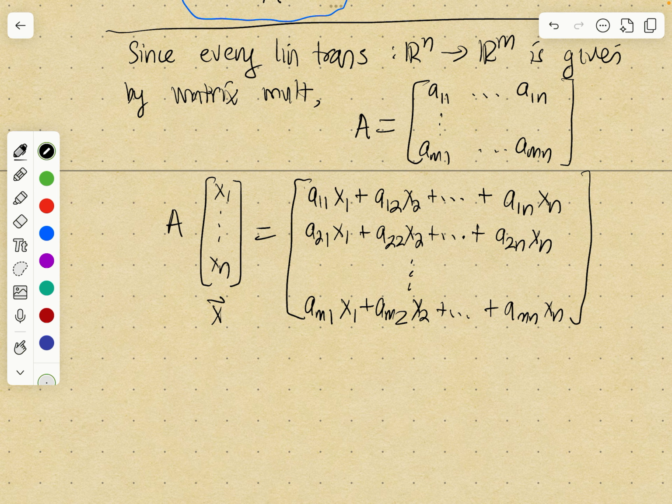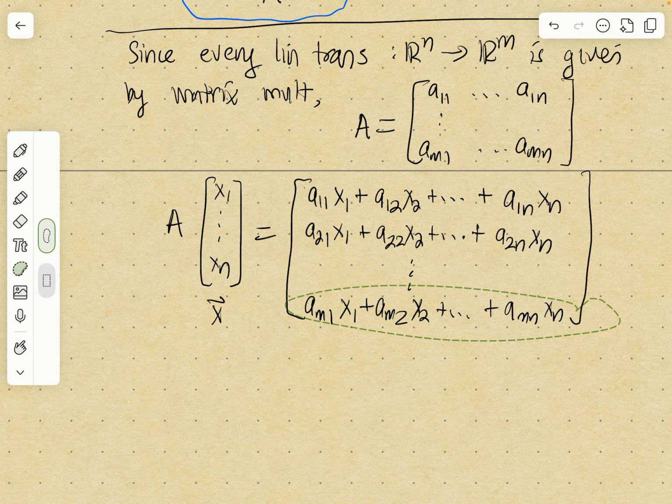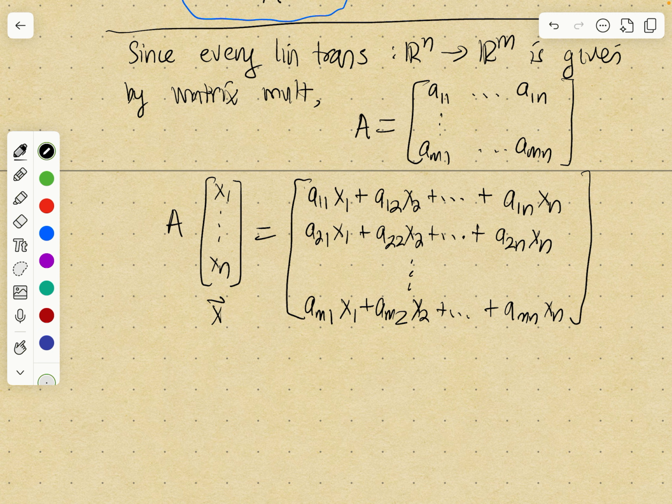So I know that every linear transformation from Rn to Rm has to have this form. The first component, well, actually all of these components, have to be in some sense a linear combination of x1 to xn, where this time x1 to xn are numbers, right? So let's just write that down.